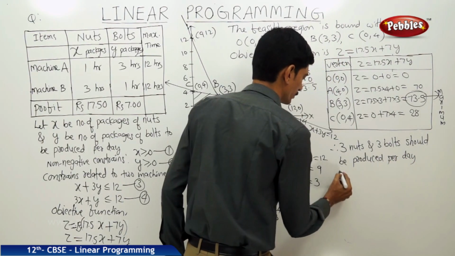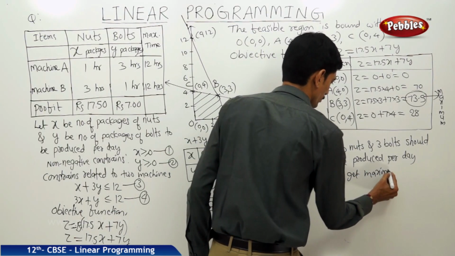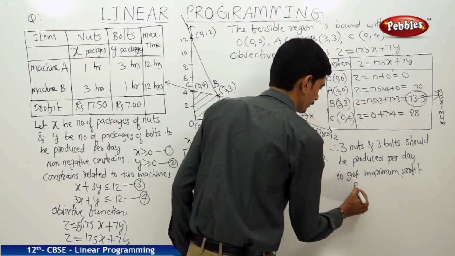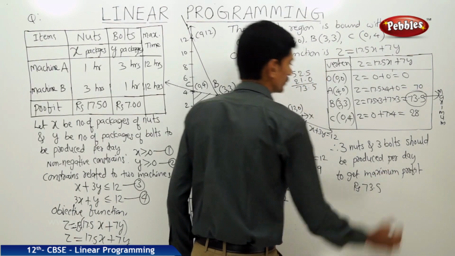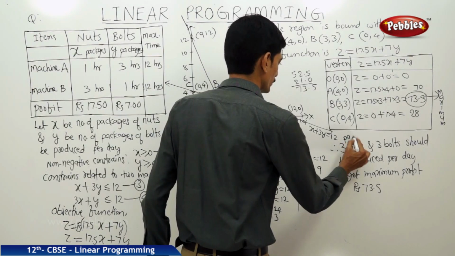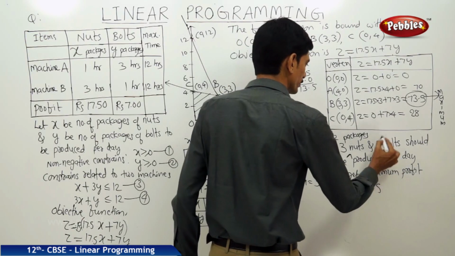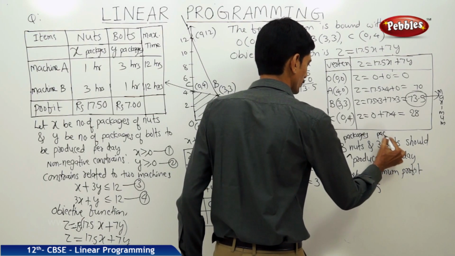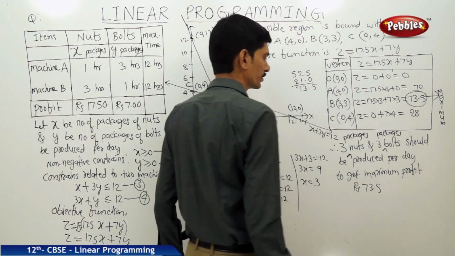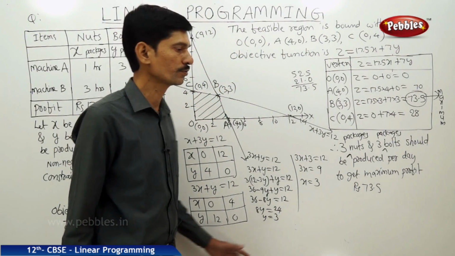Actually he has to produce 3 packages of nuts and 3 packages of bolts per day to get the maximum profit of 73.50 rupees.